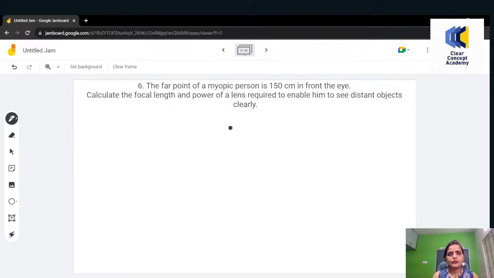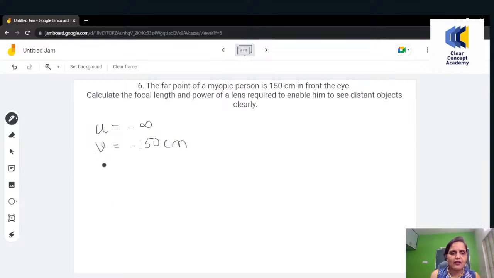Remember, in case of the concave lens, the image distance is always negative. And in case of myopia, the object distance is infinity. So we have u is equal to minus infinity, v is equal to minus 150 centimeter.